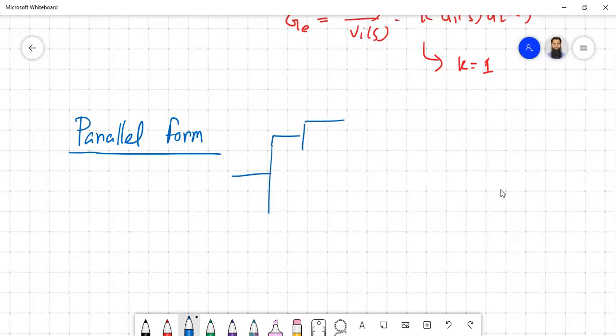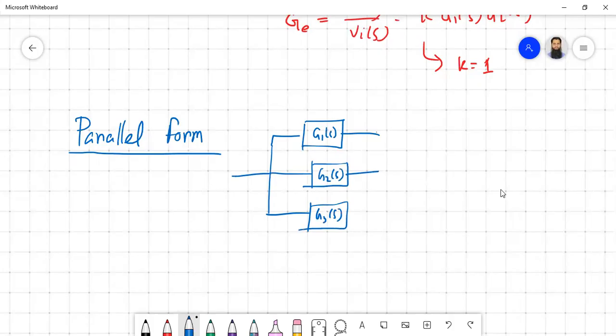So say you have a gain G1S here, then you have a gain G2S here, you have a gain G3S here, and this is your RS and this is your CS.